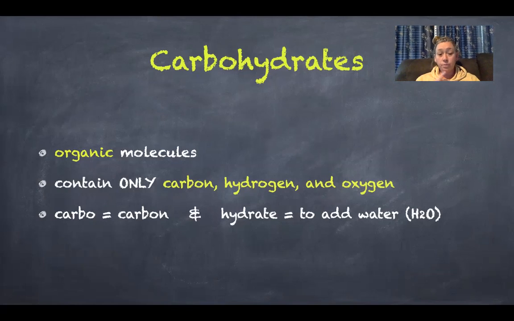And if you look at the name, it's easy to remember. Carbo for carbon, and hydrate, to hydrate something means to add water, right? So they're adding water to carbon. So they're C's and H's and O's because water is H2O, right? So that's pretty good. They made it easy for us that time.